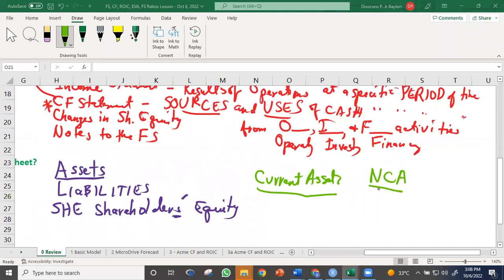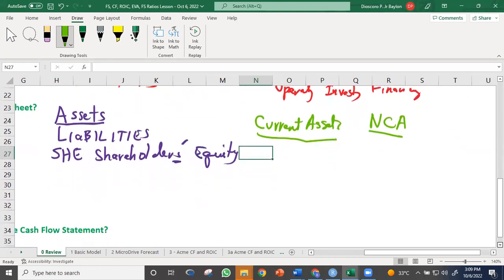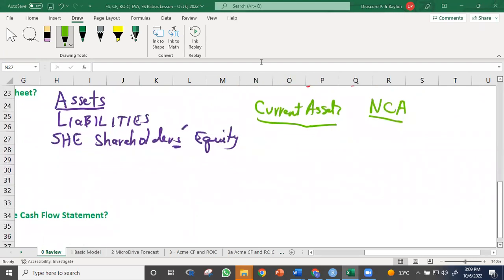Okay, so let's identify the current assets that's supposed to be based on liquidity. Okay, so what can we see under the current assets? Anyone, please? What will be the first one? Yes, thank you.